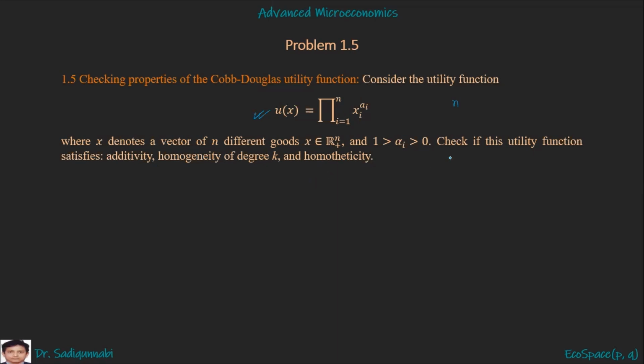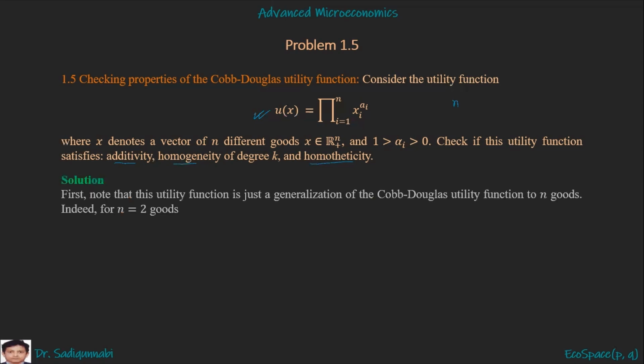We are asked to show that this utility function satisfies additivity, homogeneity of degree k, and homotheticity. So we need to prove these three properties of the Cobb-Douglas utility function. So let's move to a solution.